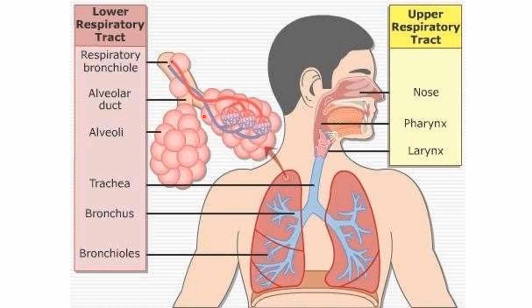That's why again I am telling you the basics. The structures in the upper respiratory tract are nose, pharynx and larynx. And the lower respiratory tract covers the respiratory bronchiole, alveolar duct and alveoli.